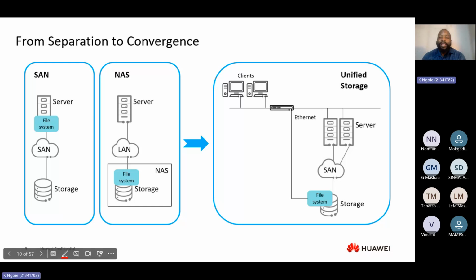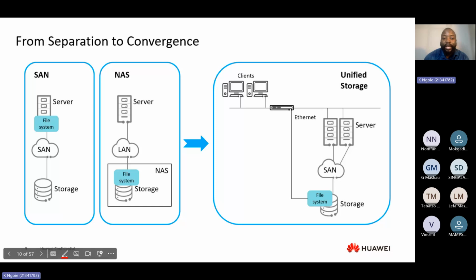So as networks are really growing, and we have a lot of applications that need access to the data from the network, we have systems or architectures for that.